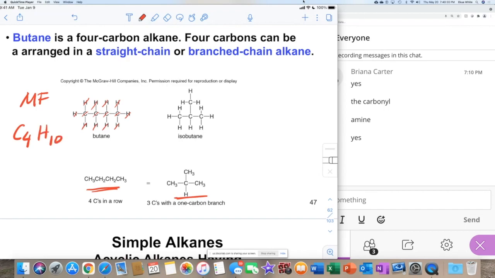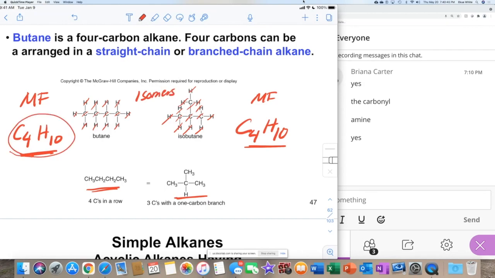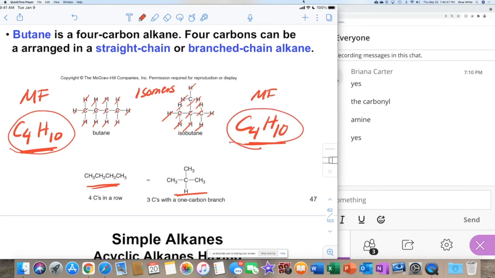Over here on the right, my molecular formula has how many carbons? 1, 2, 3, 4. I have 4 carbons. How many hydrogens? 1, 2, 3, 4, 5, 6, 7, 8, 9, 10. Okay, 10. So in order for butane and isobutane to be considered isomers, they have to essentially have the same molecular formula.